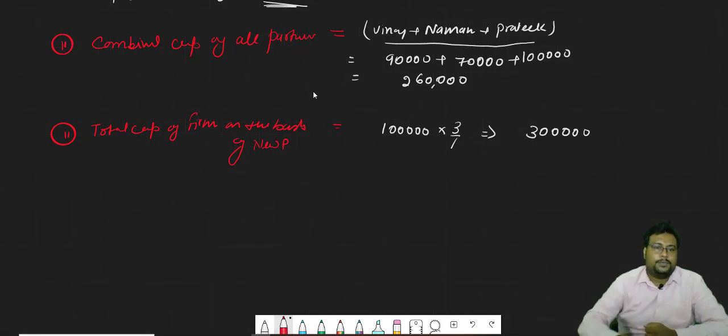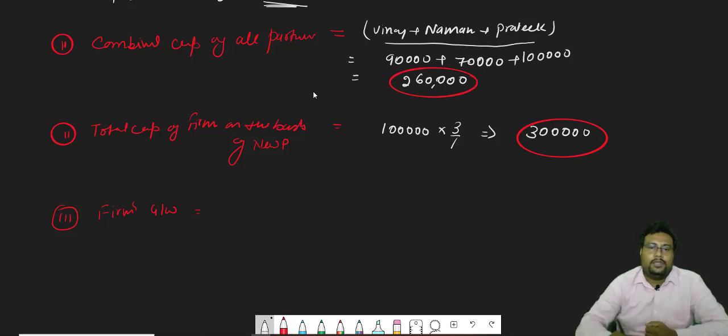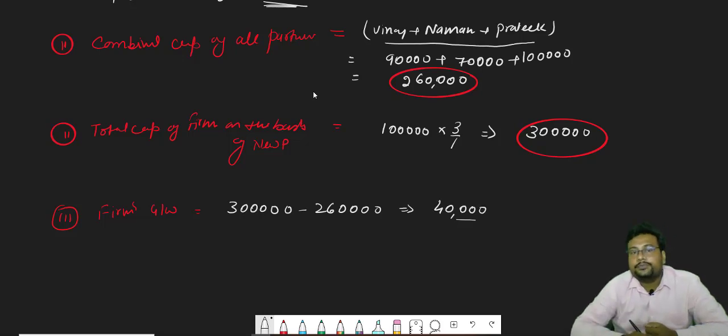Now step number 4 is very simple. We will find out the firm's goodwill. Beta, the firm's goodwill is step number 3 minus step number 2, that is what we will deduct: 3 lakh minus 2,60,000, and it will become how much? 40,000.